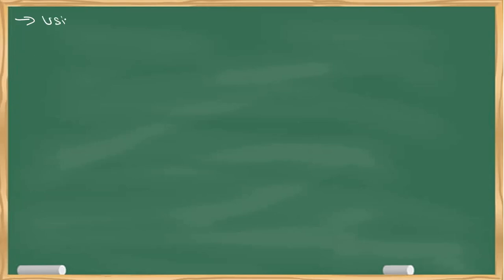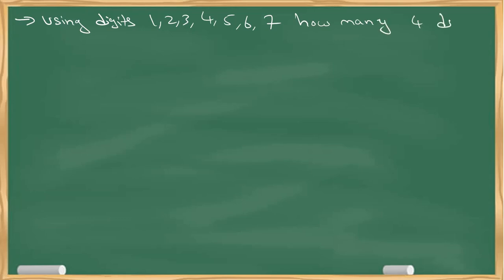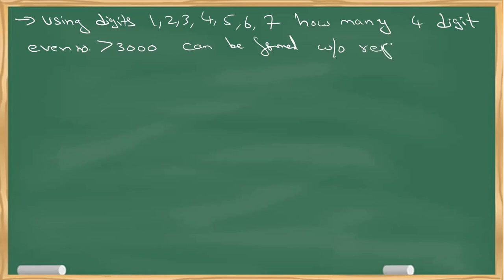So, using digits 1, 2, 3, 4, 5, 6, 7, how many 4-digit even numbers greater than 3000 can be found without repetition?